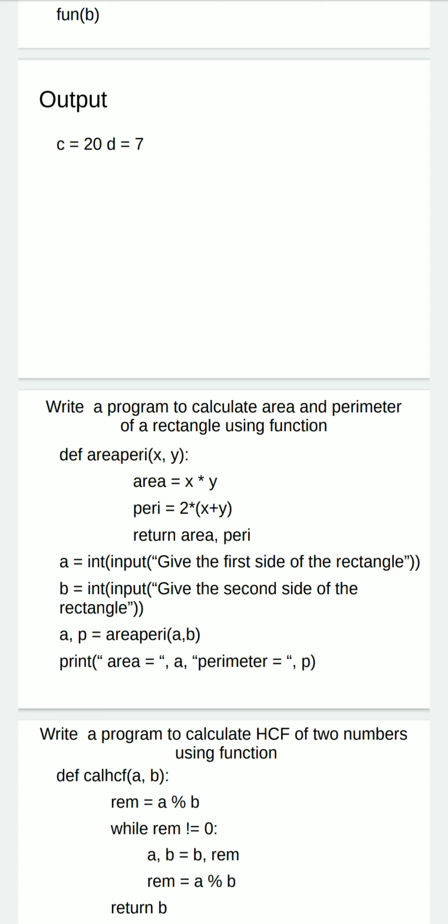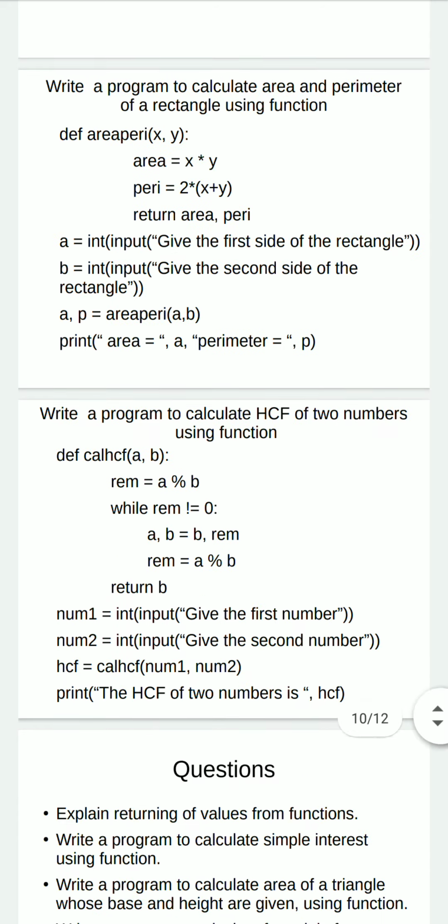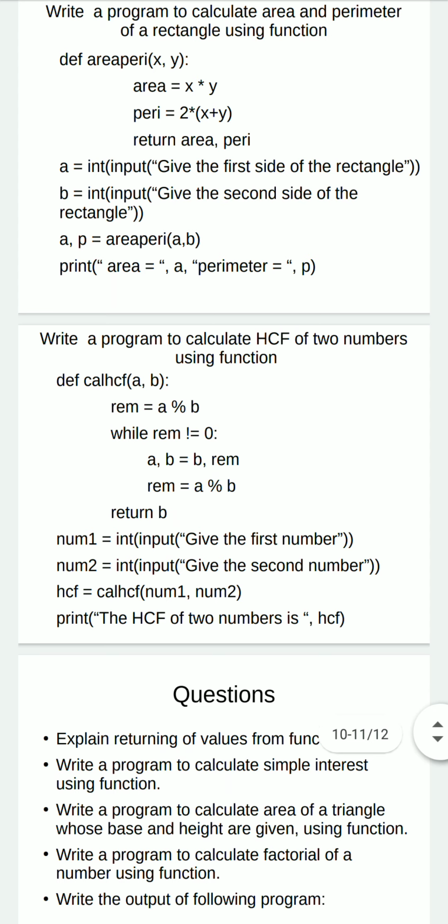In the next question, we have to calculate the HCF of two numbers. In this, we have defined calHCF, a function which calculates the HCF of two numbers and returns the HCF to the calling function.